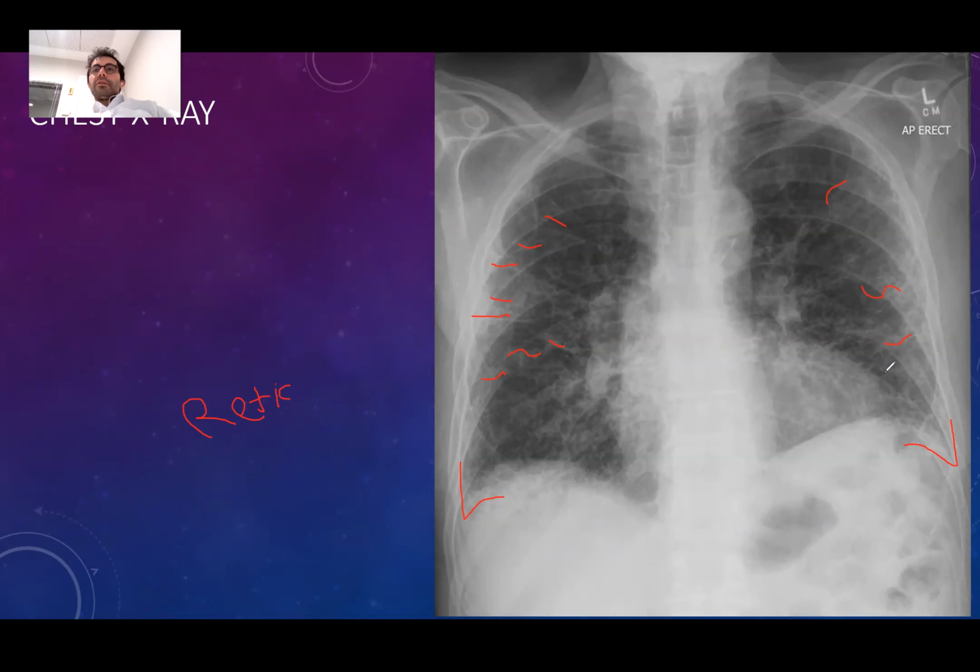So we are seeing reticular opacities coming through the pleura as well, but also all over. The heart is enlarged, so we are thinking about heart failure. This can very well be a heart failure, but also maybe some very old lung which has fibrotic changes, because I'm seeing a little bit of pleural thickening in this patient as well, here and there.